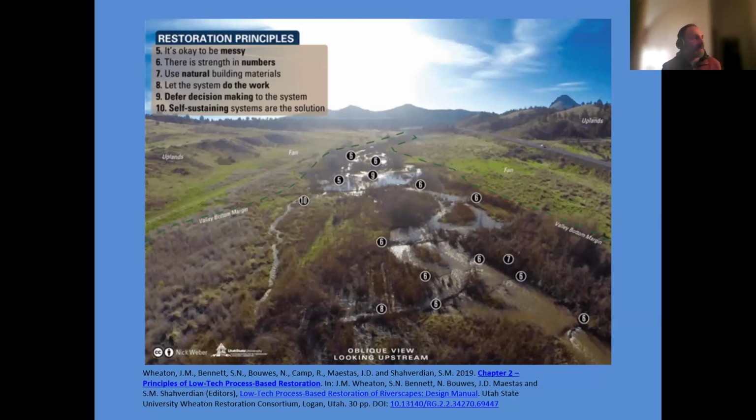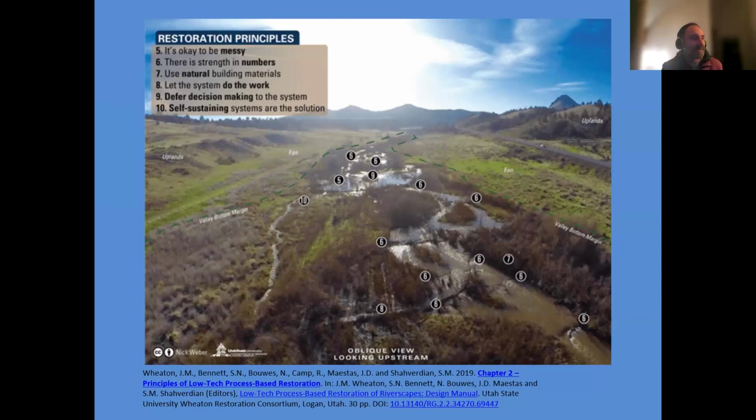That's actually what I was just talking about. Let the system do the work is more about just let the flow shape the channel. We don't always need excavators and dozers to move the earth, right? We can let the river do that. And then self-sustaining systems are the solution. That really is the end game. And most often, always, that means we need the riparian community back.